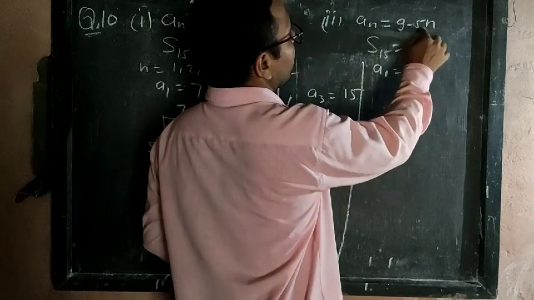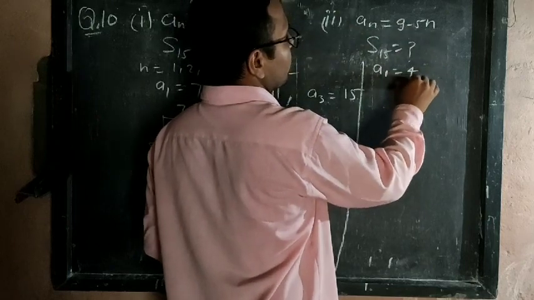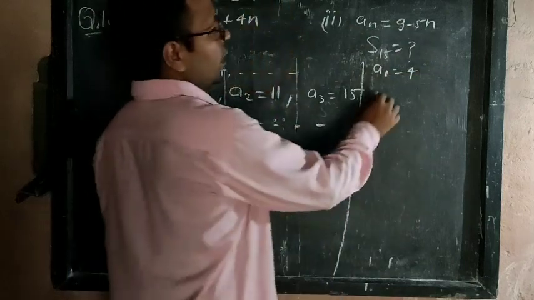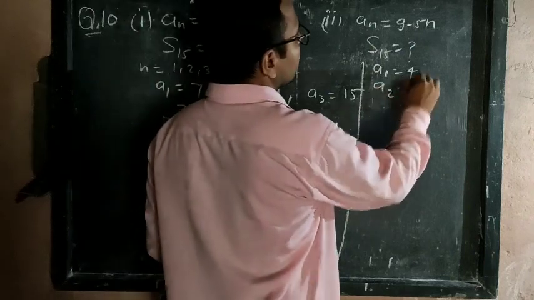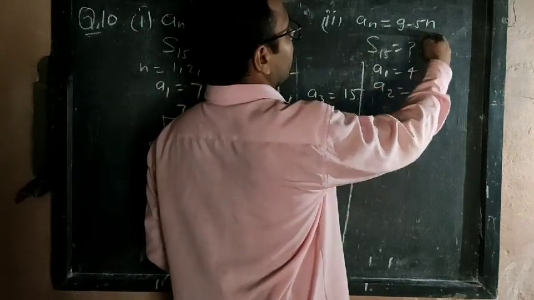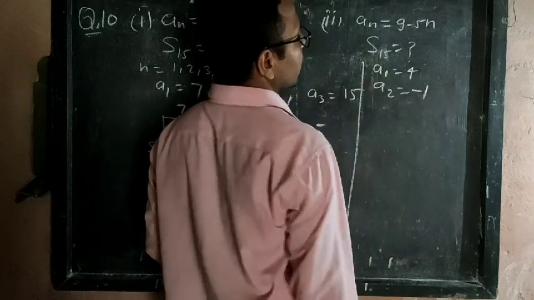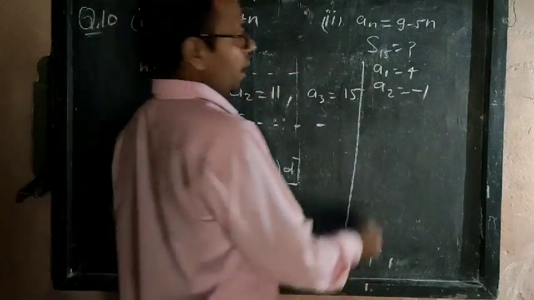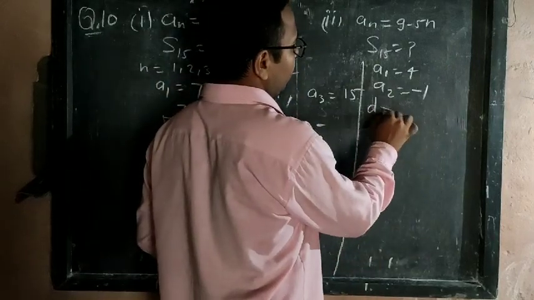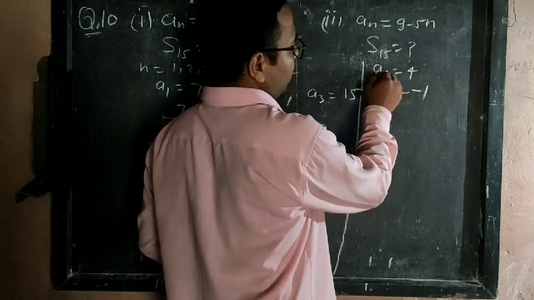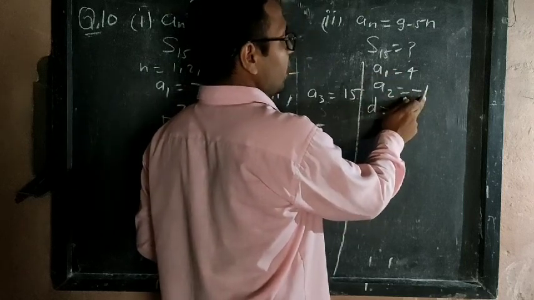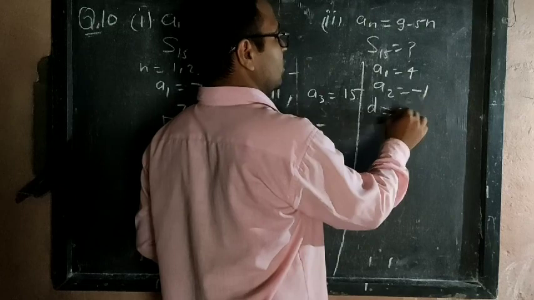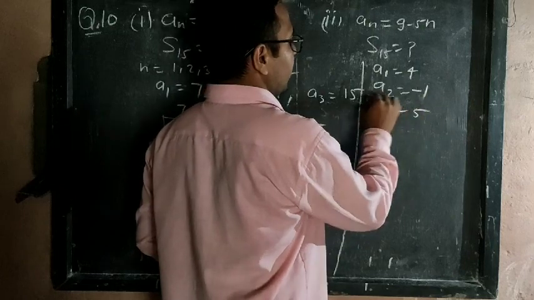That means 9 minus 5, you will get 4. A2, how much will you get here? 5 times 2 is 10. So 9 minus 10, minus 1. So now the d value can be calculated as second term minus first term. The second term is minus 1 and minus 4. So the common difference we get is minus 5.